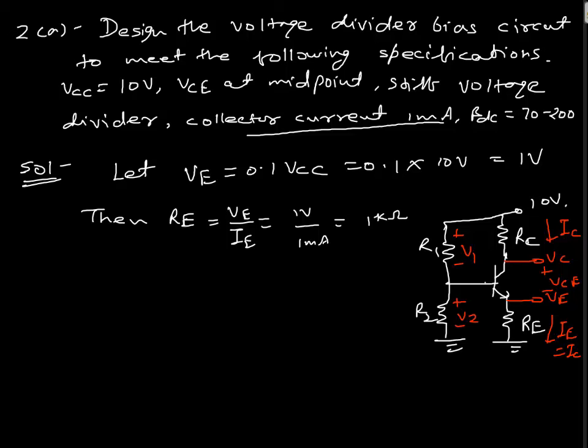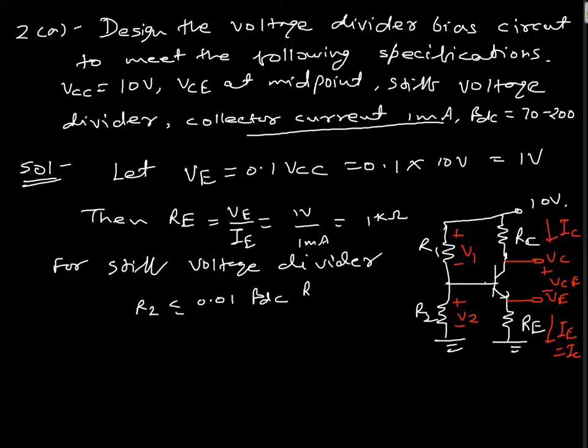Now next one is, since we are going to design for the stiff voltage divider, what is the condition? Condition should be R2 should be less than or equal to 0.01 times beta DC RE.